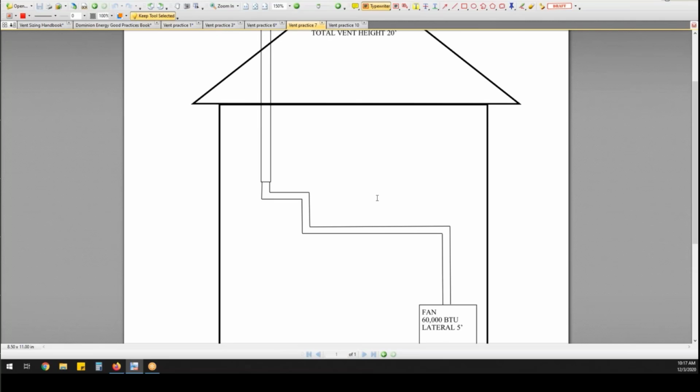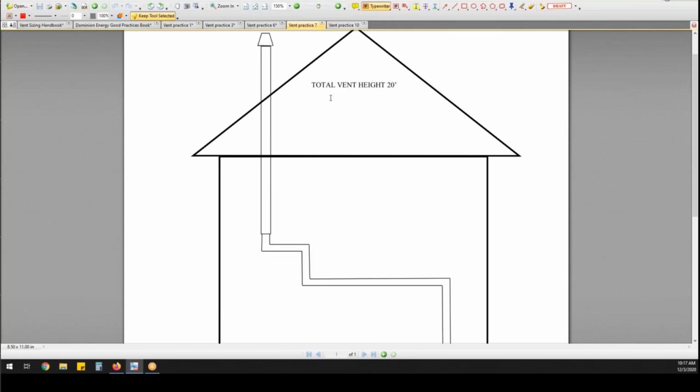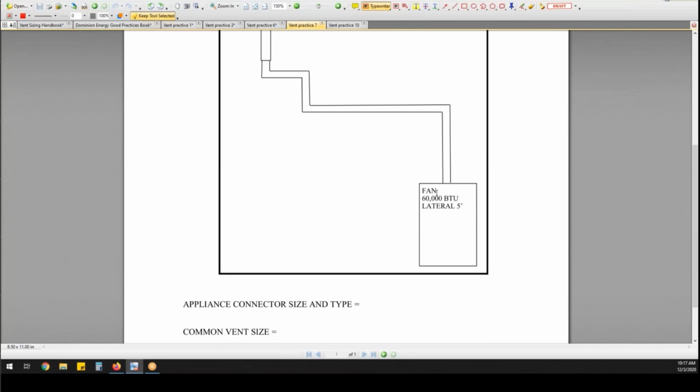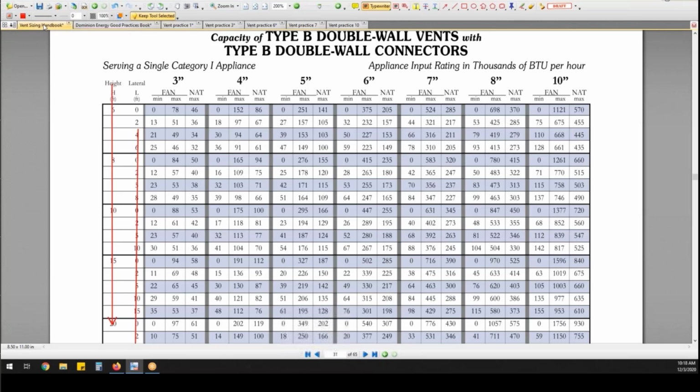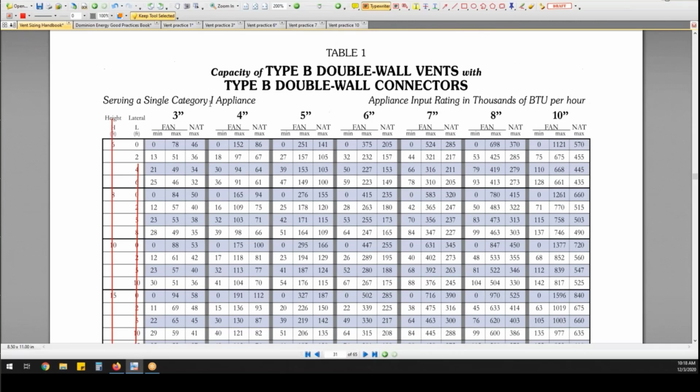So let's go ahead and work through this one. I've got a total vent height of 20 feet. I've got a fan assisted appliance, 60,000 BTUs and a 5-foot lateral. So I'm going to go over to my sizing chart and see, can I do this in double wall?